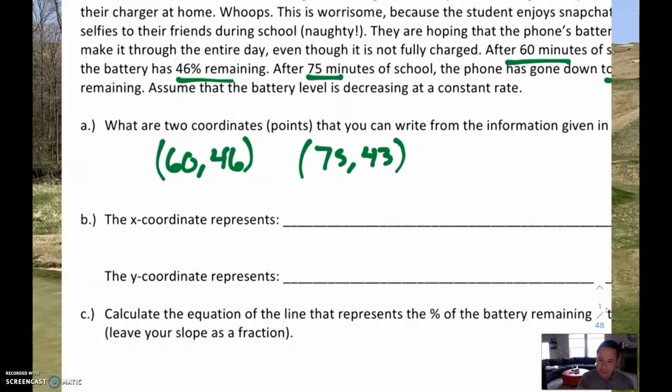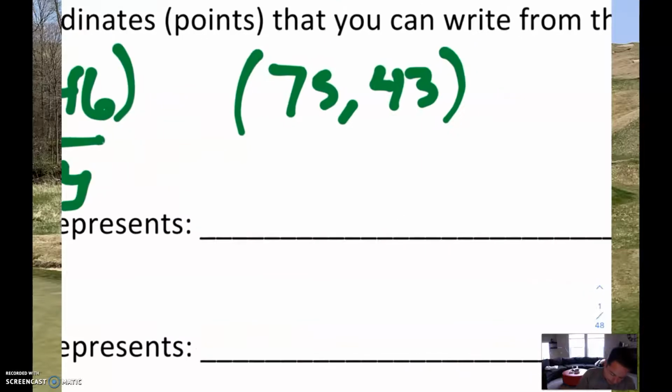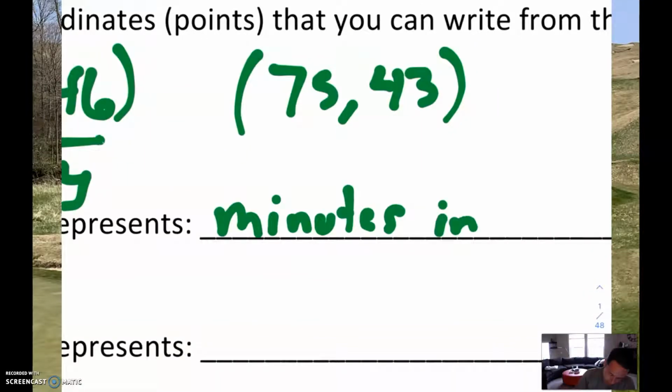Now it's important to define your variables. What does this x stand for? And what does this y stand for? Well, the x is the 60 and the 75. That stands for minutes. So minutes of school. We're going to type in minutes in school.